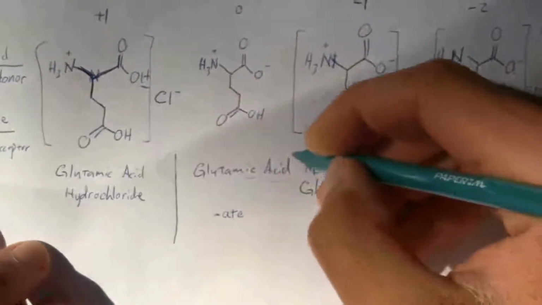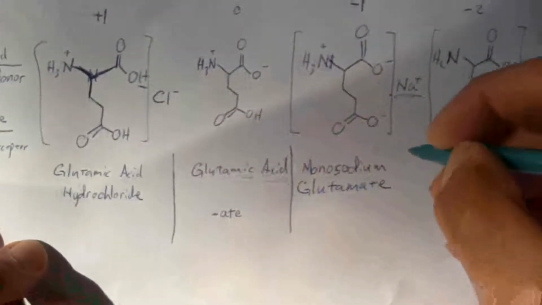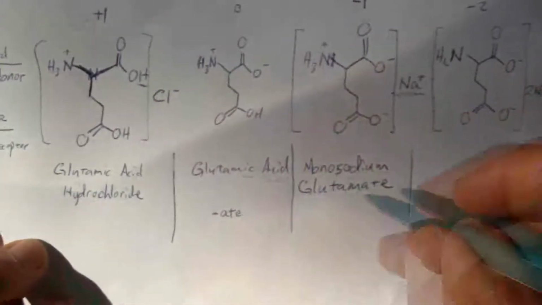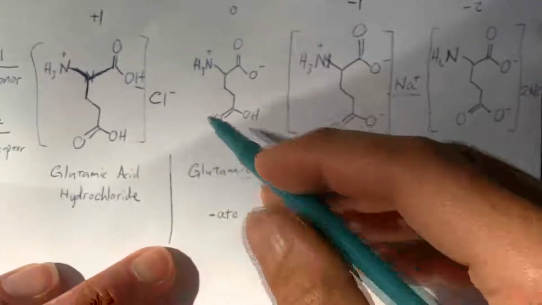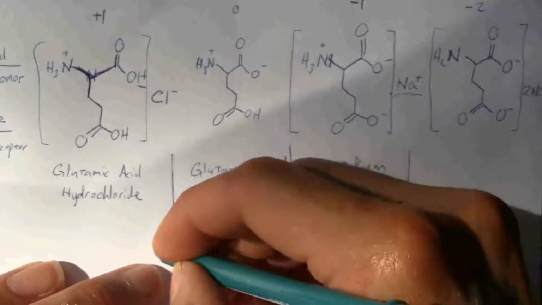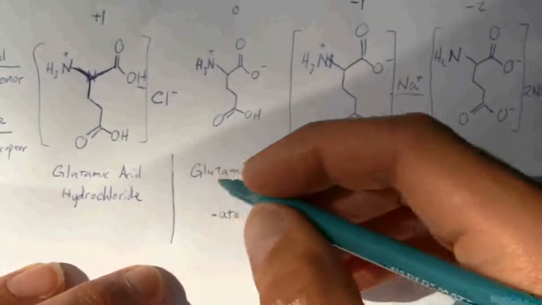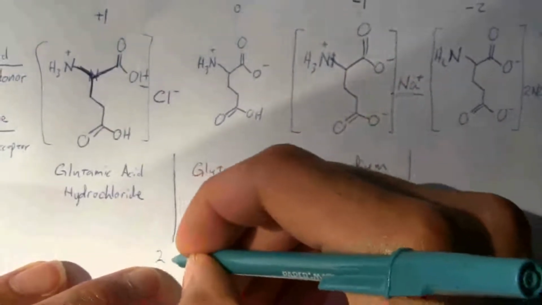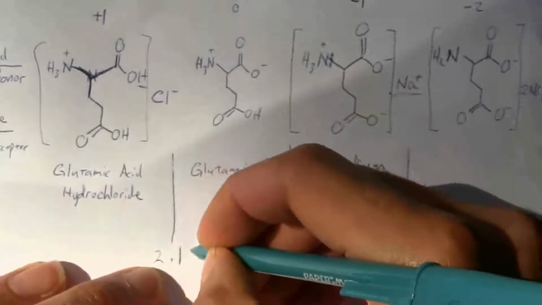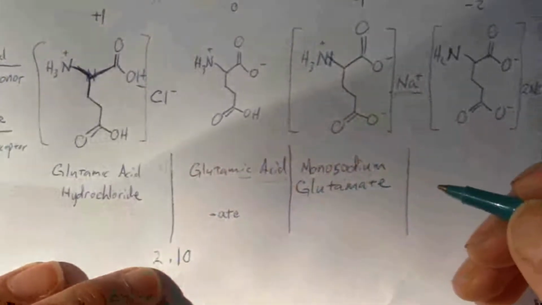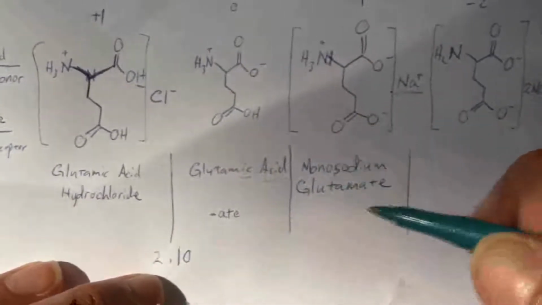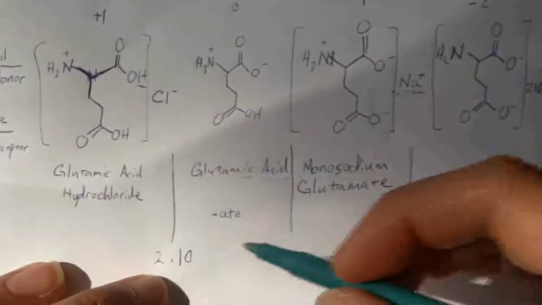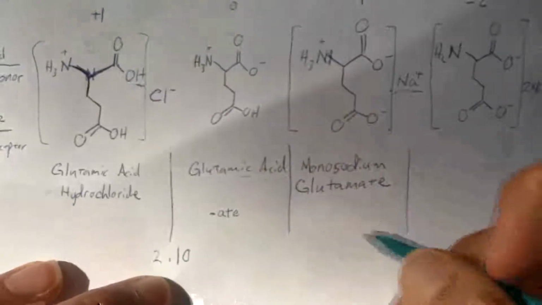We have 3 different transitions here. At this transition, it's at a pH of about, depending on what source you look, 2.10, 2.16, 2.19. I've seen all of those, but somewhere in that range.